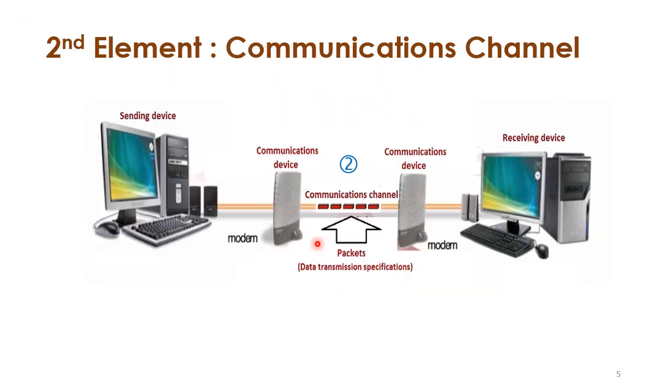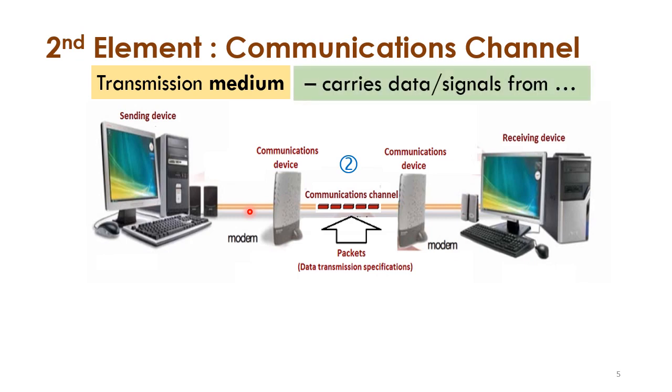The second element of a communication system will be communication channel. So basically, communication channels are the transmission medium, or you can imagine it as a place for data to travel from one end to another.